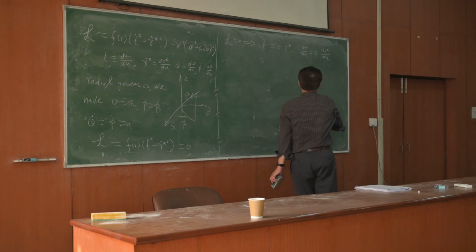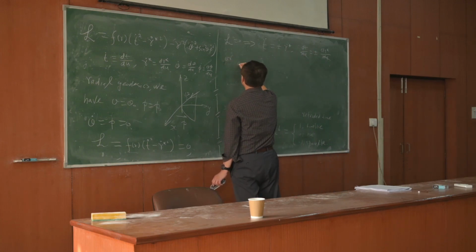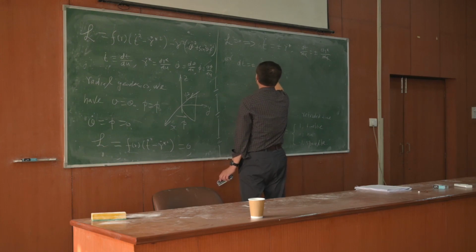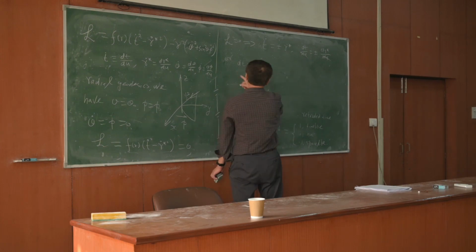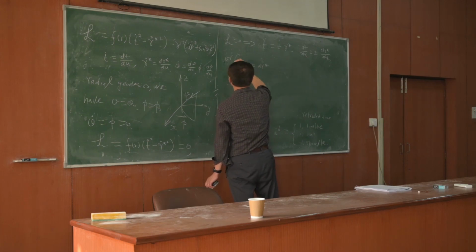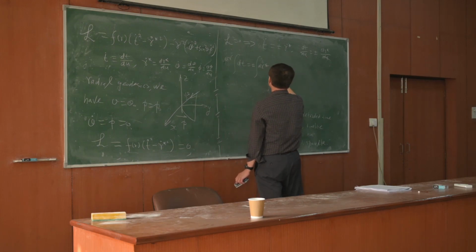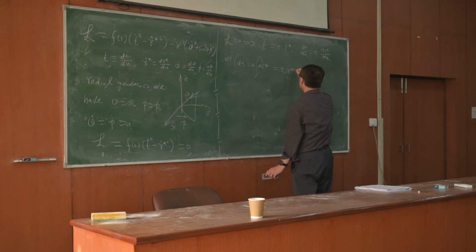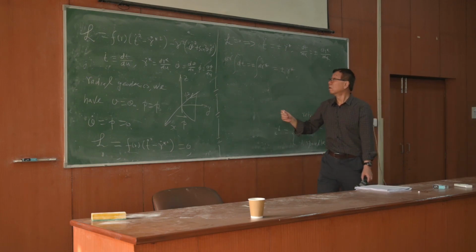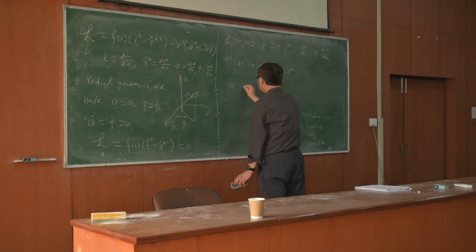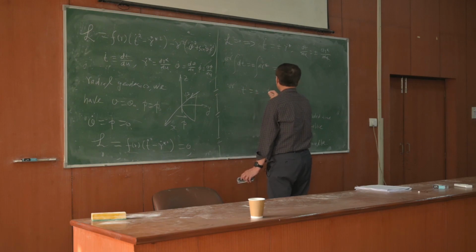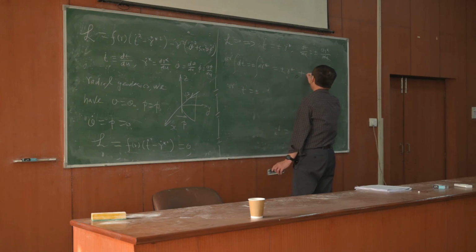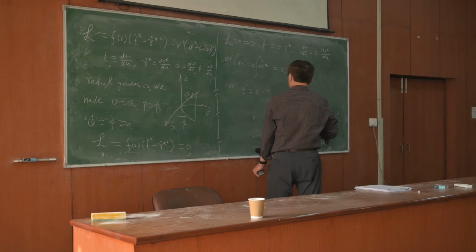Then I have dt equal plus minus dr*. So I just integrate both sides. This will give me t equal plus minus r*, and I'm going to put in one constant.